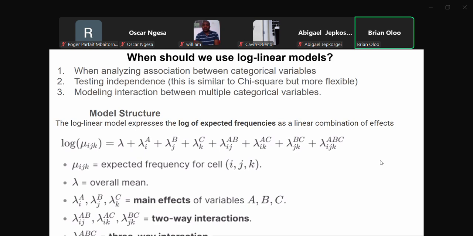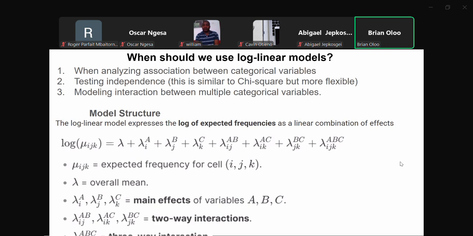Also, you can use log linear models when testing independence. It is similar to chi-square, but more flexible.